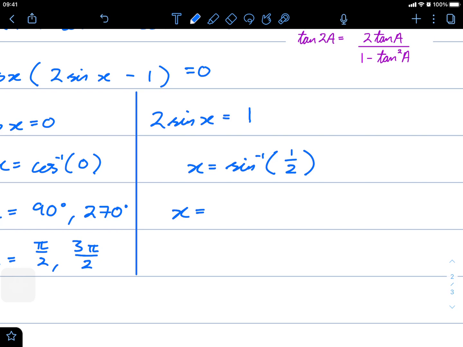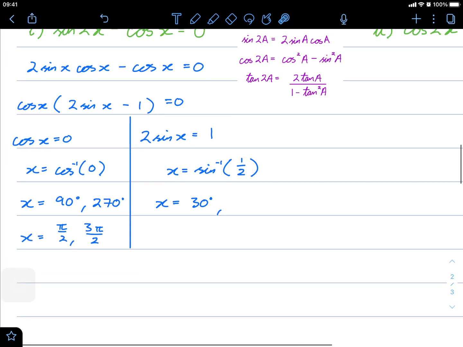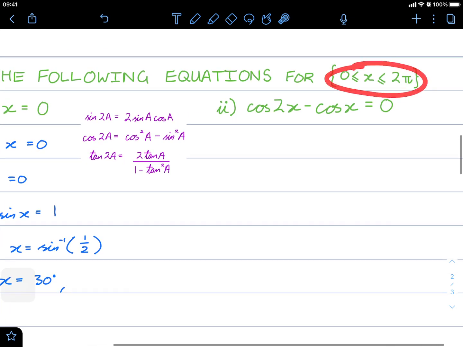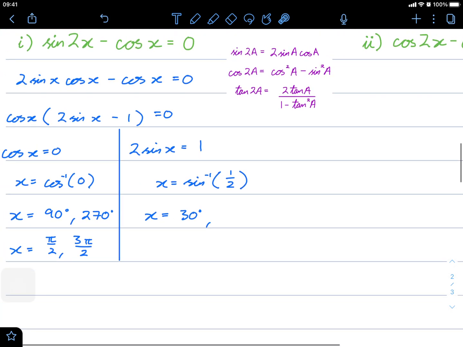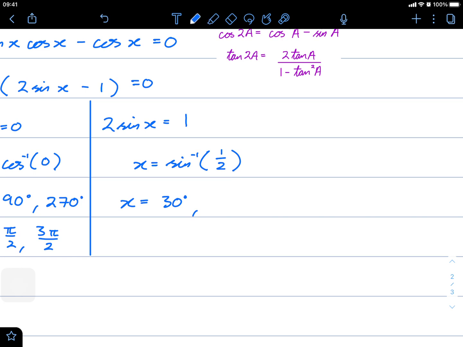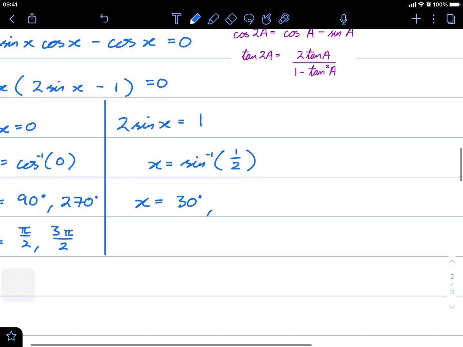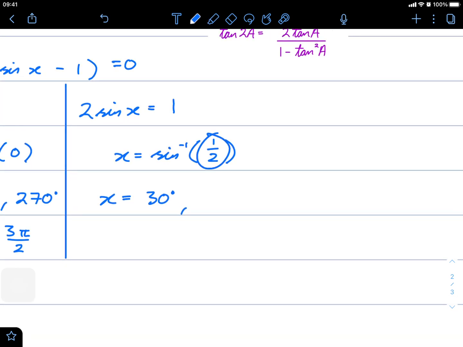Sine of half, that's actually 30 degrees, but that's just in the first quadrant. Remember, if it's positive and it's in the entire domain from 0 to 360 or 2 pi, we also need to take into consideration the other quadrants. Sine is positive, so it can be positive half in the second quadrant as well, which is 180 minus 30.